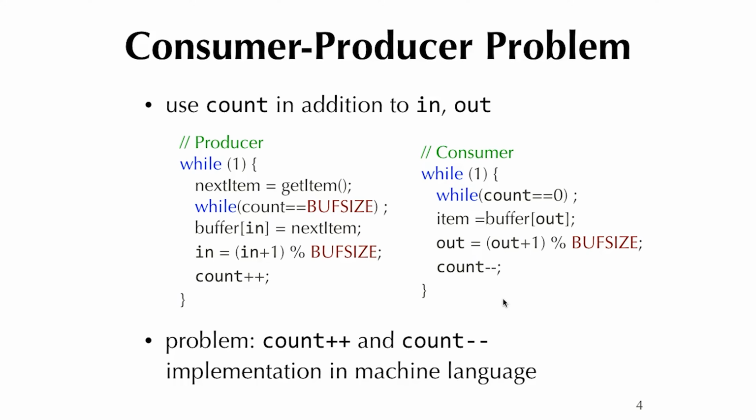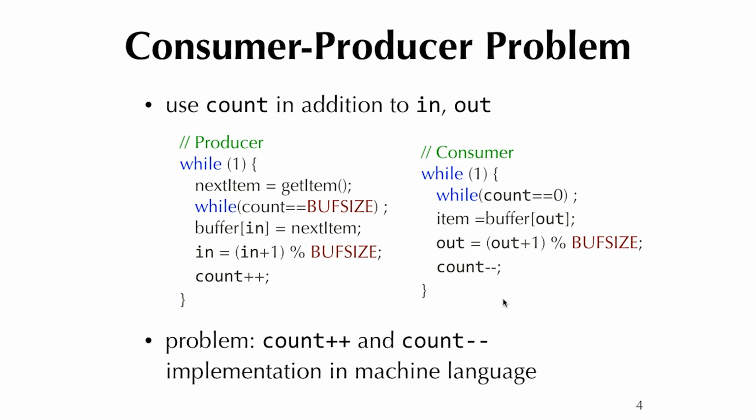Now, the difference here, though, is the count is now read and updated by both processes. Because if I want to enqueue an item, I increment the count. If I want to dequeue, I decrement the count, right? So unlike the previous case where in was only changed by producer, out was changed only by consumer, now you have a count that's looked at and changed by both, right?